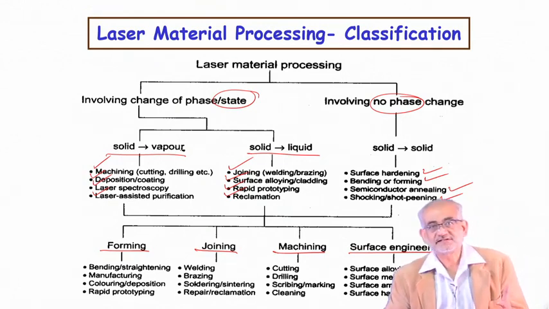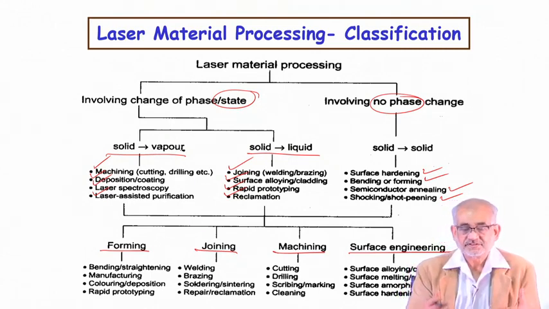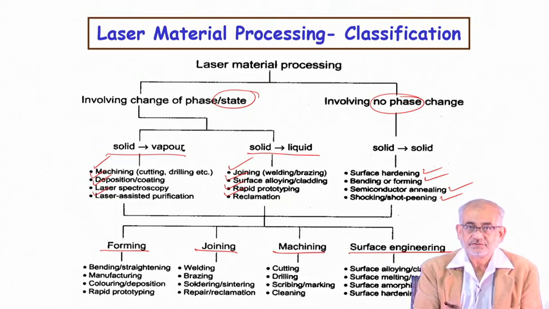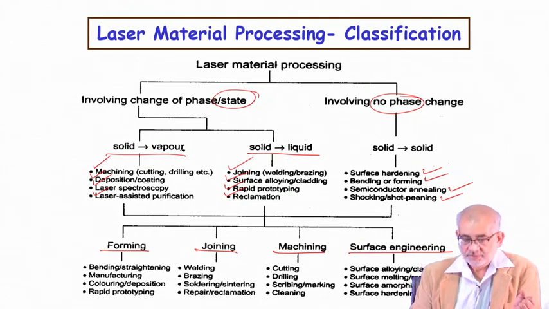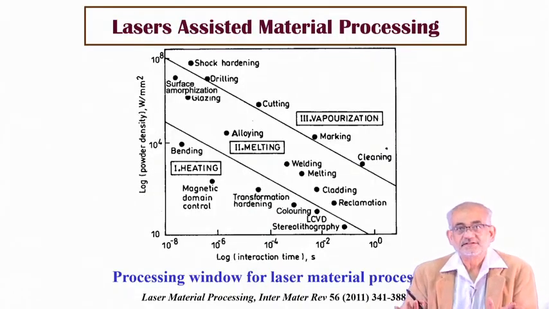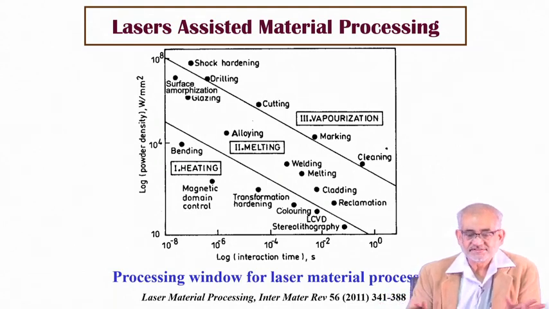But then the question arises: what's the guiding principle? I mean, you're talking about more like a heuristic approach, that whatever you do can be a processing. Then what's the guiding principle? How do you classify them and how do you control them? And that's fairly easy. Surprisingly, though the scope is very, very large, it's fairly easy.